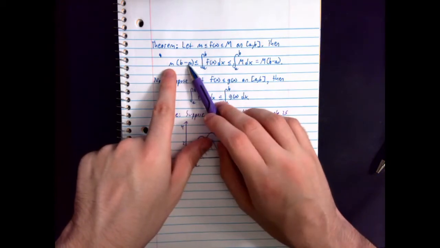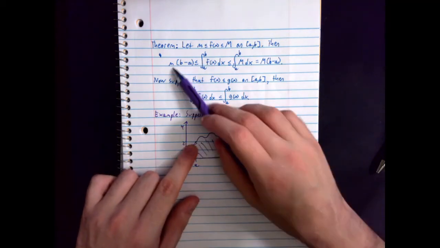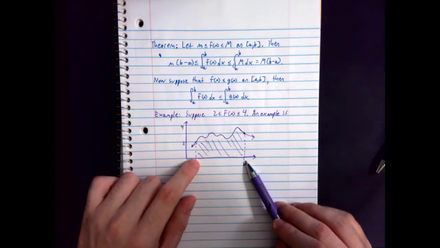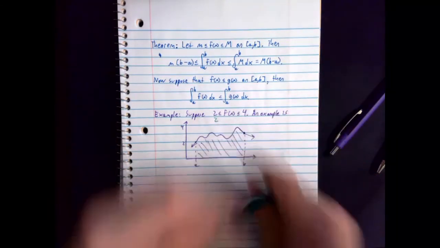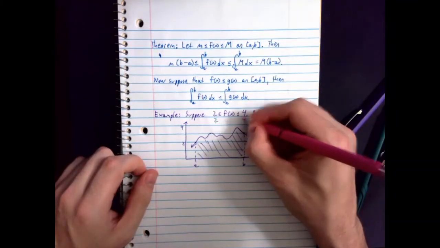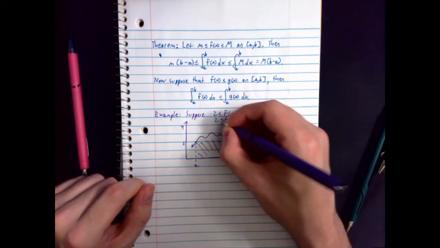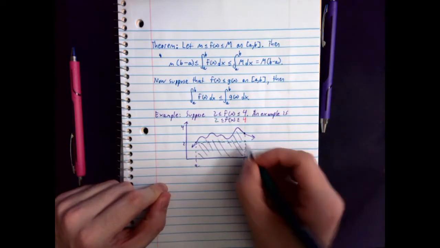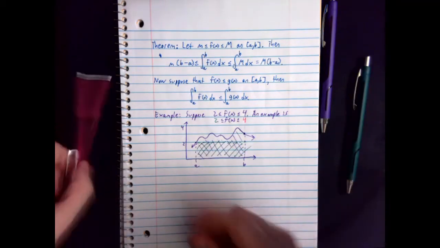Let's think about what each of these quantities are. Little m times b minus a is just the area of the rectangle that has height equal to little m, which is 2 here, and the width is just the width of this interval, b minus a. So if I have 2, and then we'll use a different color for 4, here's my rectangle, and then my bigger rectangle.